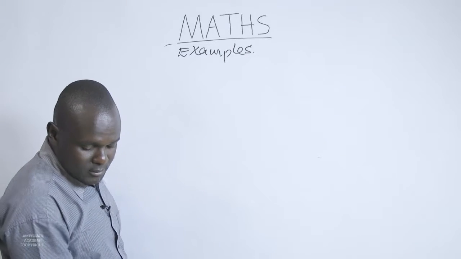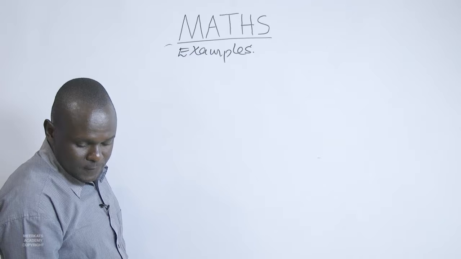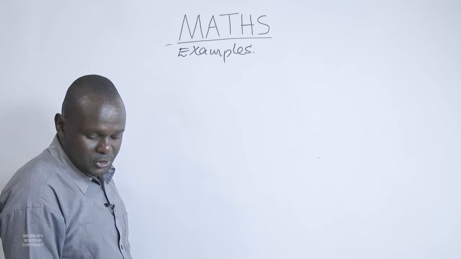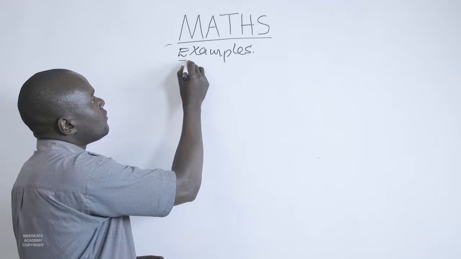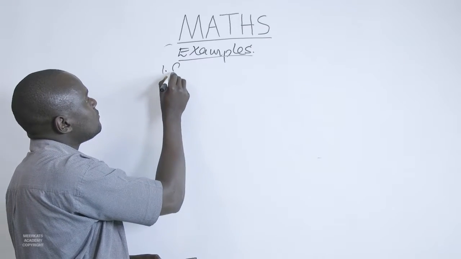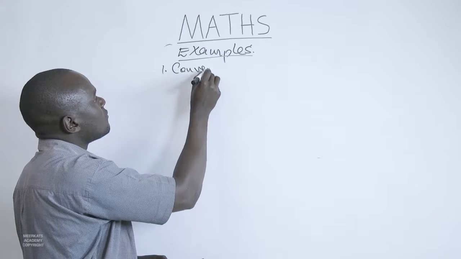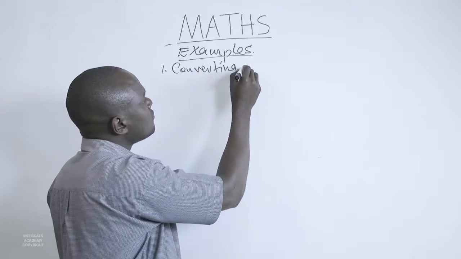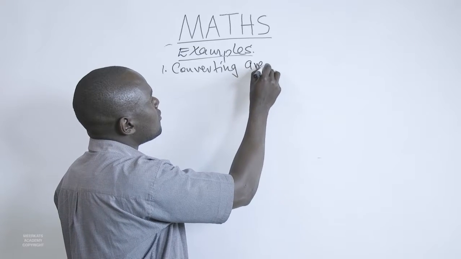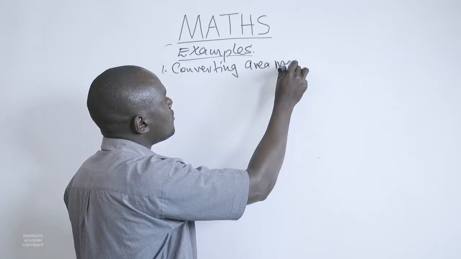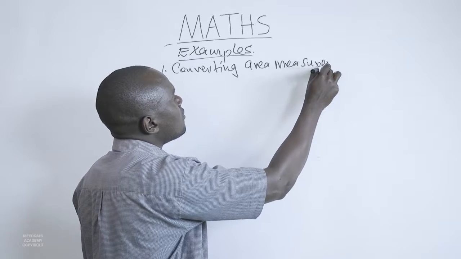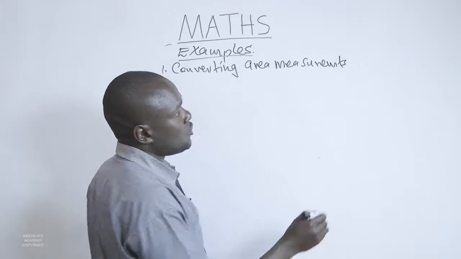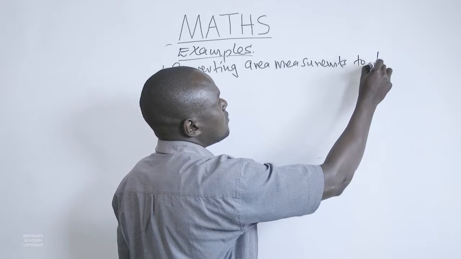My first example is we need to convert these area measurements to the units shown in the brackets. I will label it number 1.